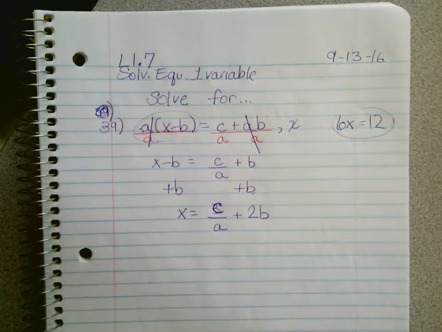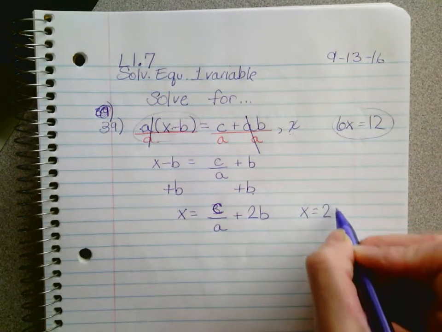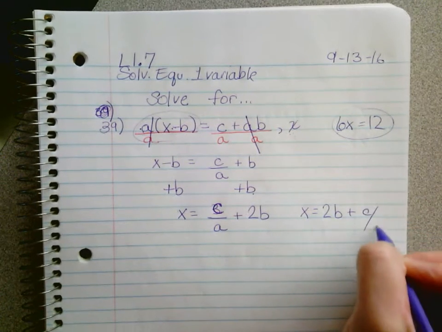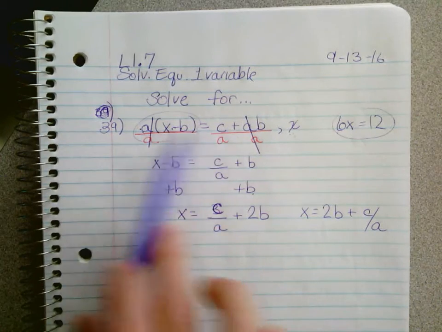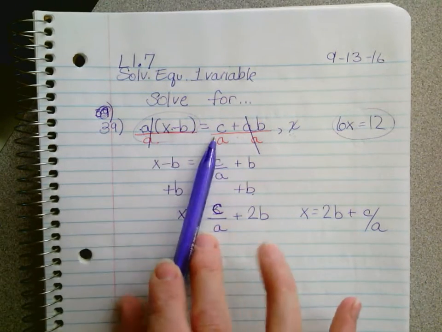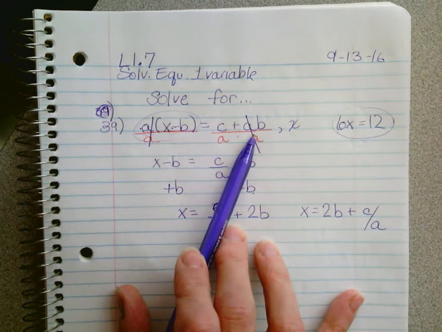And there's your answer. If you wrote it x equals 2b plus c over a, you're right as well. Don't think it matters, it doesn't. That's number 39. This issue right here is the issue that oftentimes is a place where people slam on their brakes and are confused and not sure what to do.